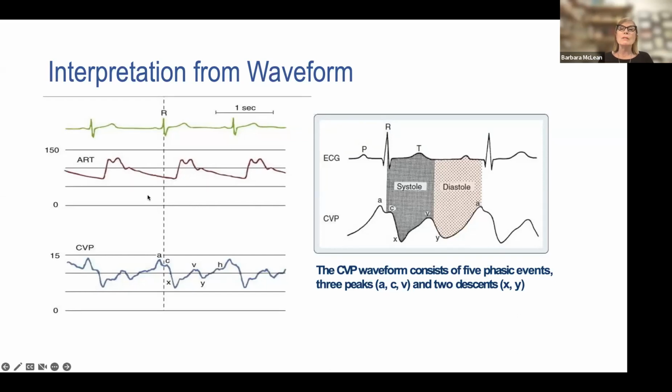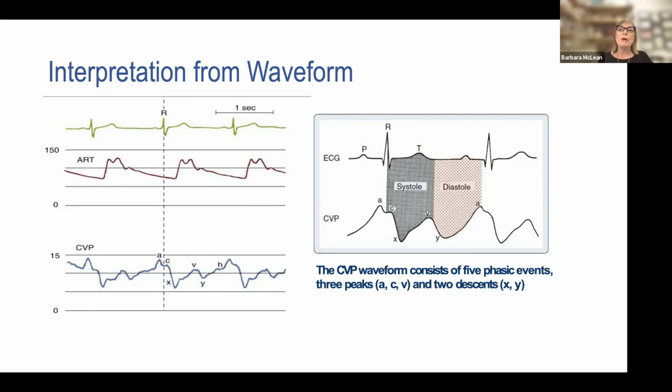What that means is that when I am looking at a dual channel recording of EKG and CVP, I know that the P wave reflects the atrial distribution of current, and immediately following the P wave, during the PR segment, not interval, that's from the beginning of the P to the QRS, that's when the atria contracts.